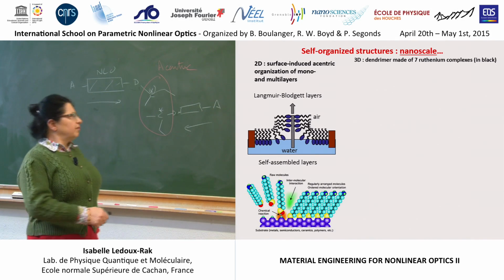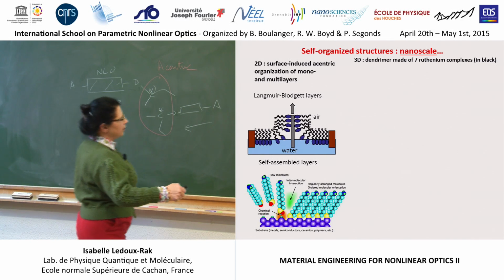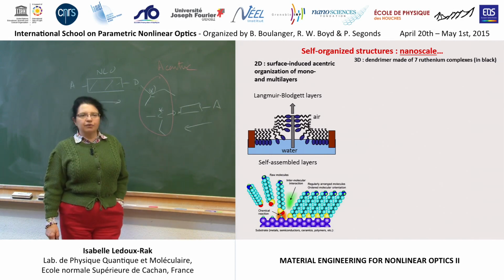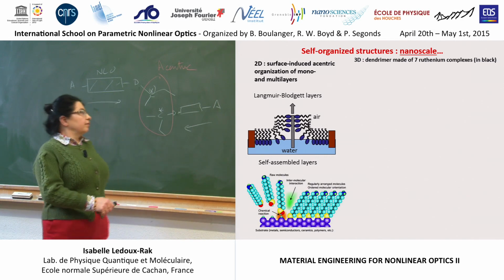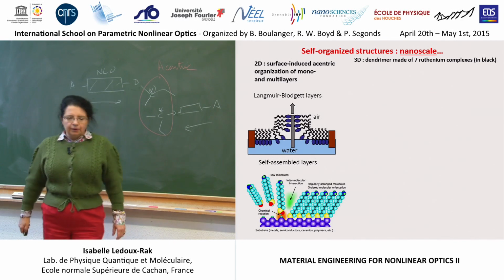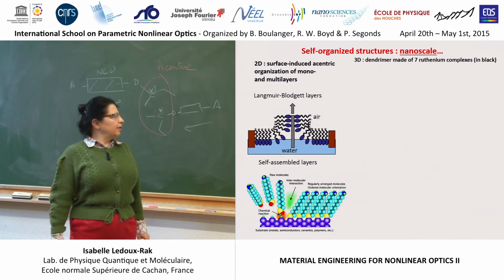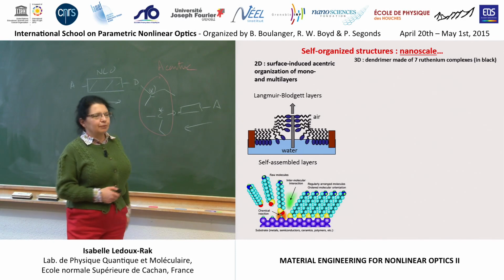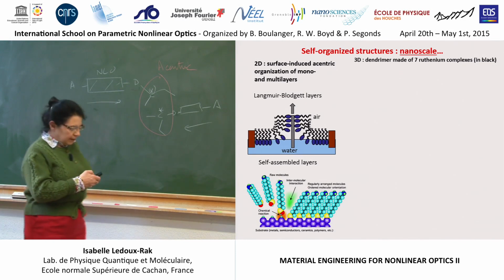The problem with these layers is that the cohesion is still governed by van der Waals interactions with low energy, and they are not very stable. Katharine Blodgett was able to make anti-reflection glasses, but they were very easily scratched and not really suitable for practical applications.